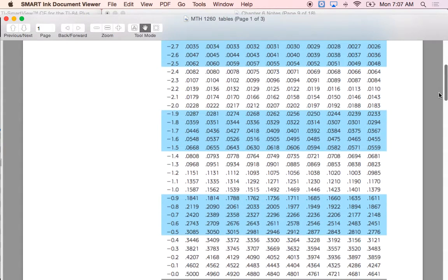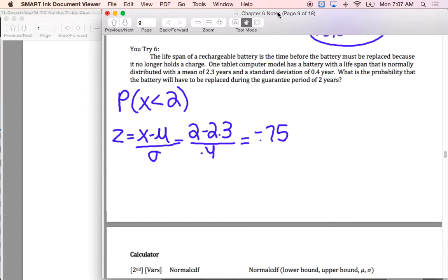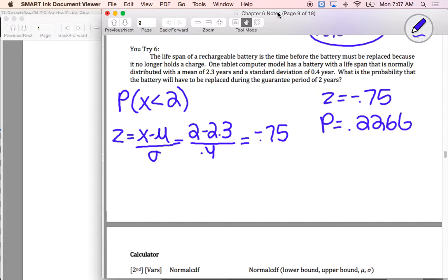And then we have our 5, so negative 0.75 looks like it's about here at about 0.2266. So that means then my z value at negative 0.75 has that probability or that area of 0.2266. It's less than, so we don't have to change it. So that is our answer.